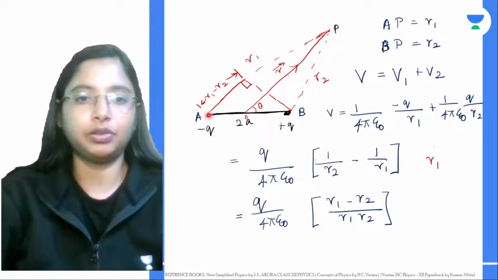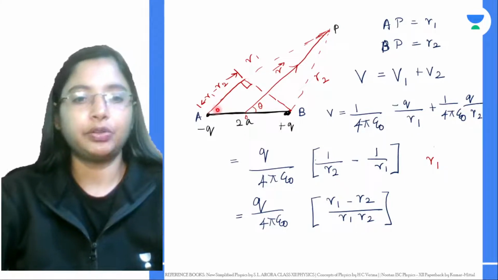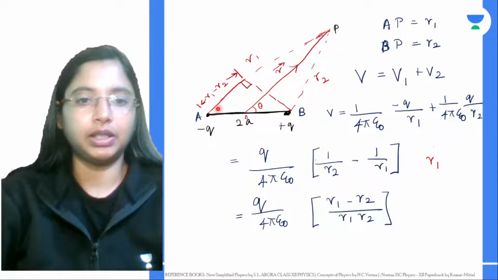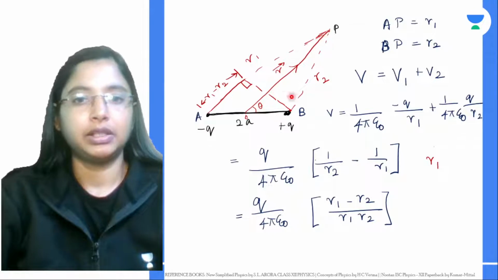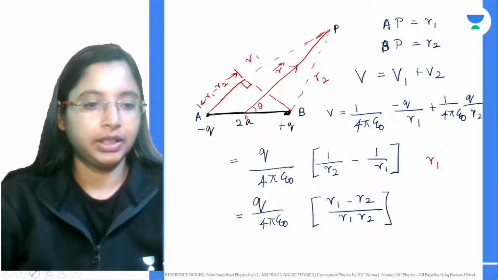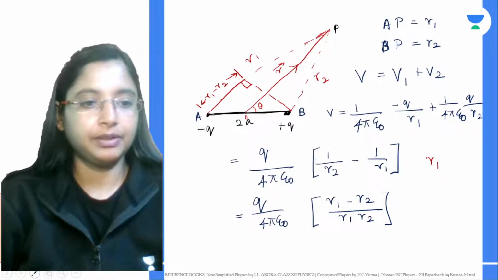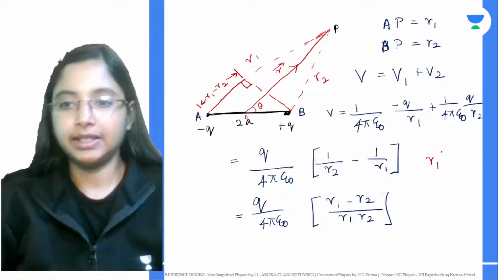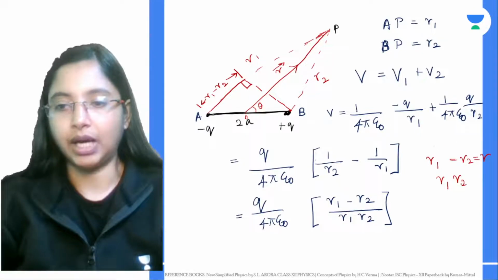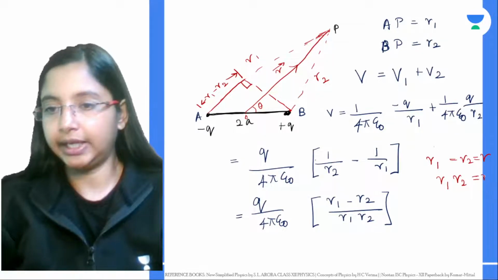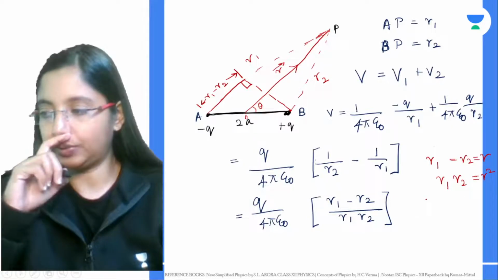For example, this could be 2.1 meters and this could be 2.2 meters, a very small difference. In such a case we can say R1 is equal to R2, so R1 R2 we equate to R square.